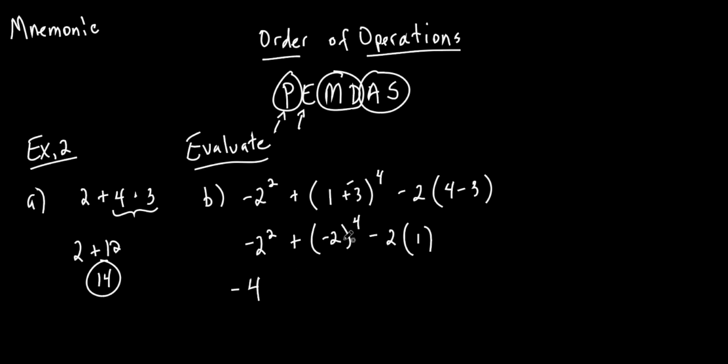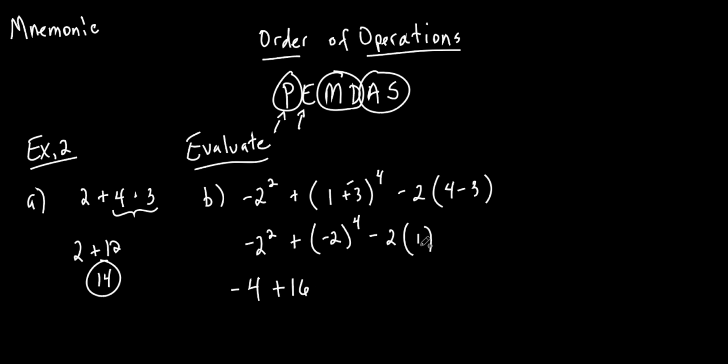Now, this is a little different. You're not just squaring the 2 here. What are you doing here? You're squaring the whole entire -2. So it's -2 times -2 times -2 times -2, which is what? Positive 16. 2 times 2 times 2 times 2 is 16. So it's positive, so we put plus 16.